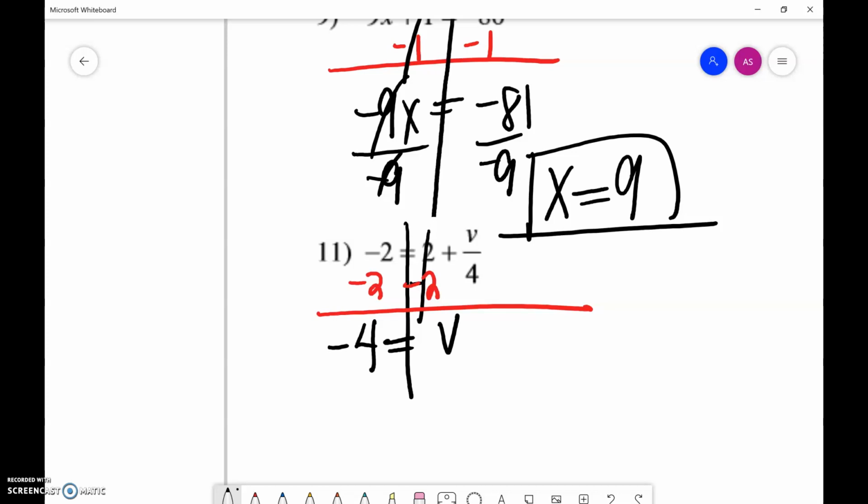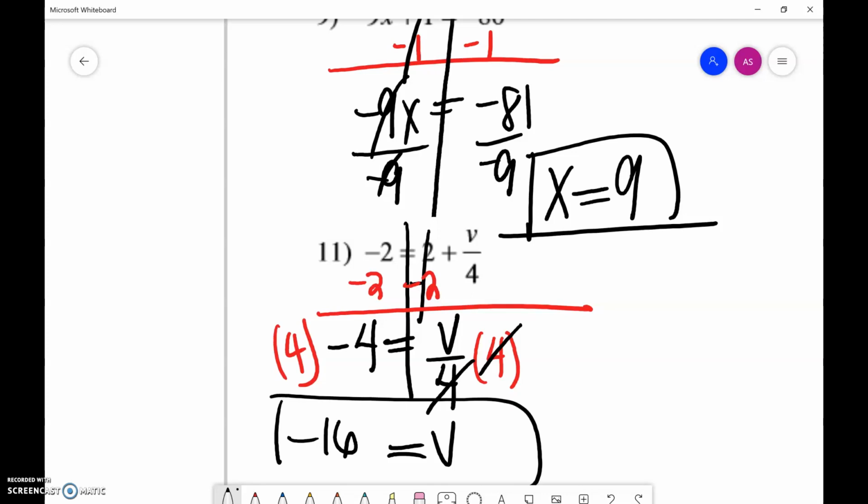Then I have equal v divided by 4. This is division because, like I said, it's v divided by 4. So that means I want to multiply. When I multiply, my 4's will cancel out, leaving me with v. Then I have v times -4 will give me -16.